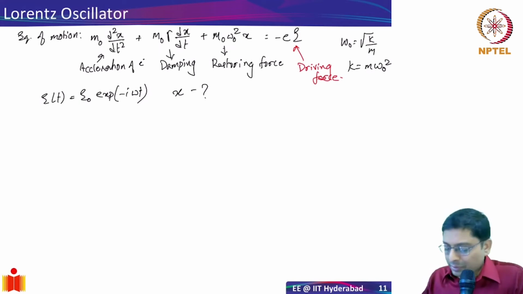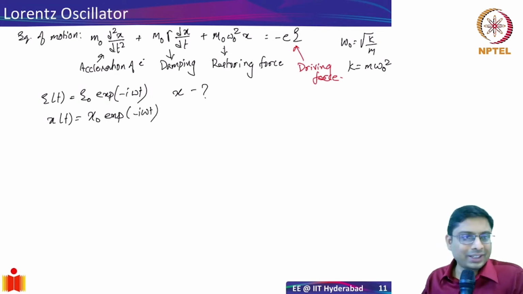What kind of guess would you make? I'll say x is equal to x naught exponential minus i omega t. Because it's the same form, we expect that it will work. This is a guess only, but we have seen it work in many cases, so we know that it will work.